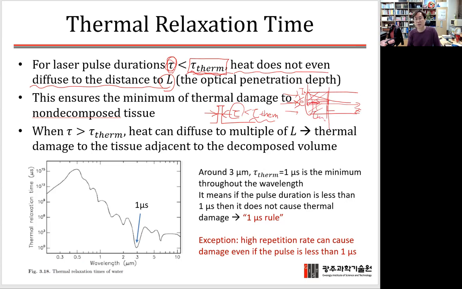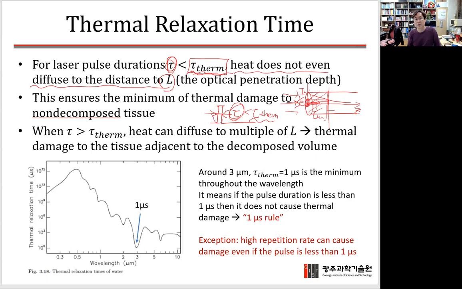If you stop the light illumination after giving only tau, the heat generated at the surface of the tissue starts to conduct in this direction.